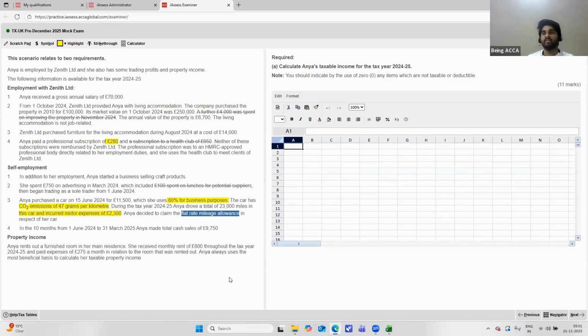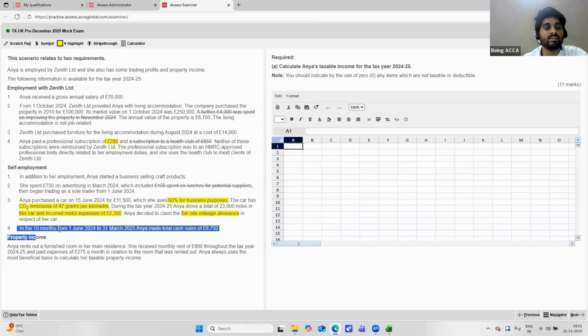We have the flat rate scheme: the first 10,000 miles would be at 45 pence, and more than 10,000 miles would be at 25 pence. That is what we will be considering for the car related expenditure. Whenever this has been mentioned, that always means capital allowances and car related expenses that are related to business will not be considered.